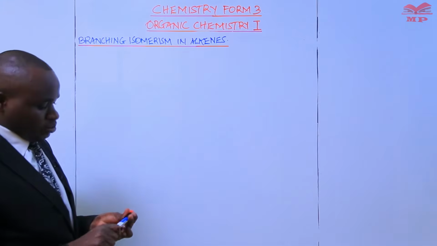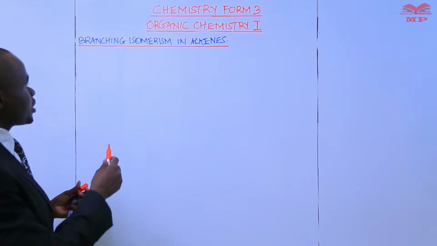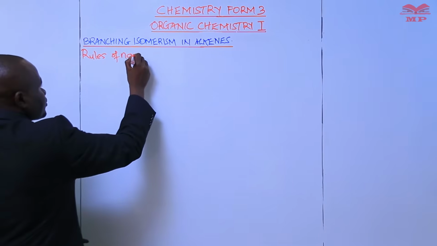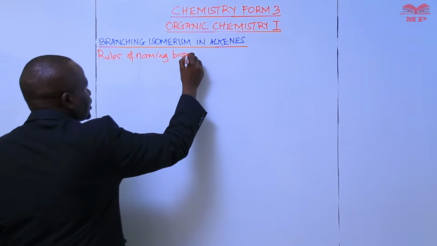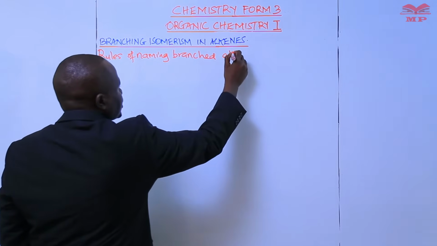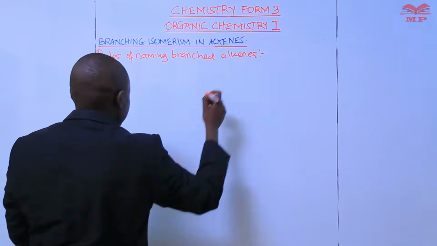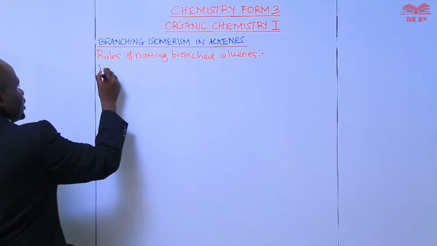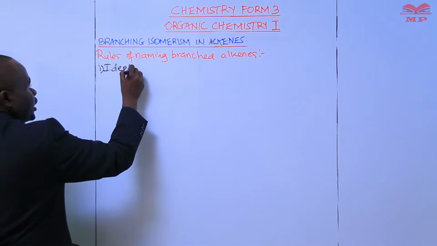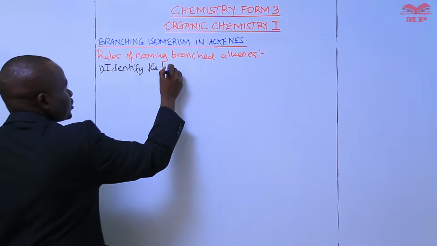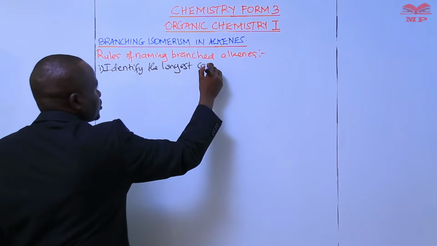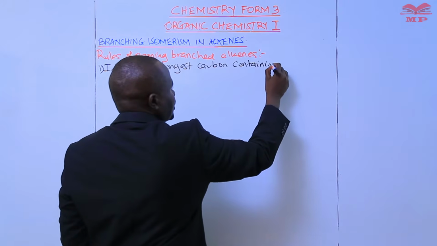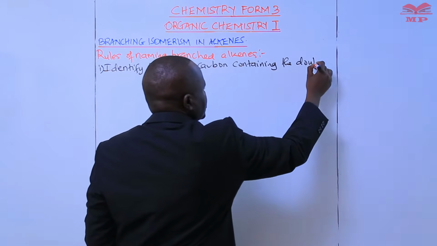So we start by looking at the rules of naming branched alkenes. So the rules are simple. The first one is you identify the longest carbon chain containing the double bond.